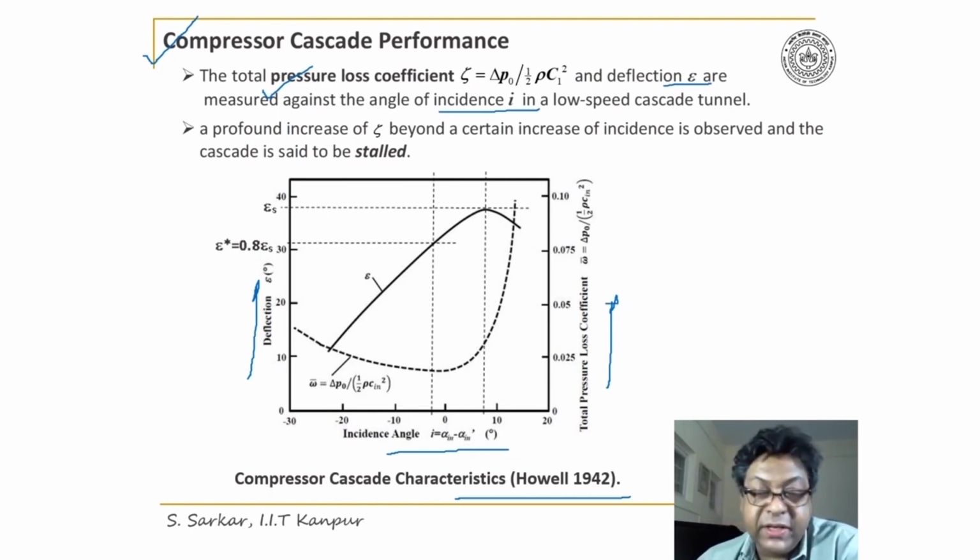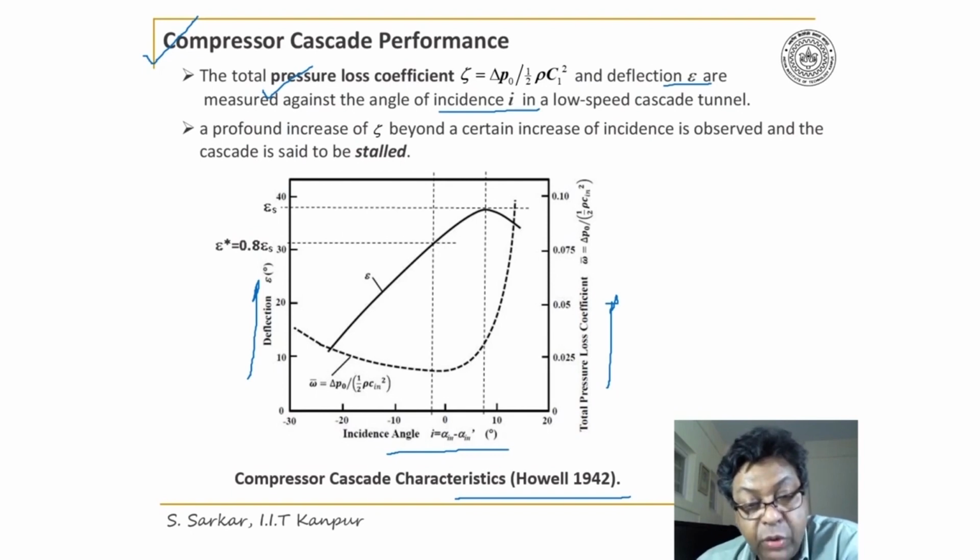Now I have already explained the deviation is proportional to the lift generated on the blade, because deviation decides turning of flow within the cascade.